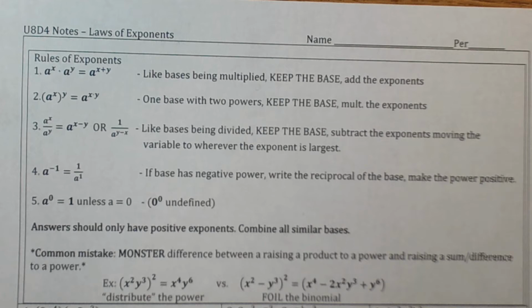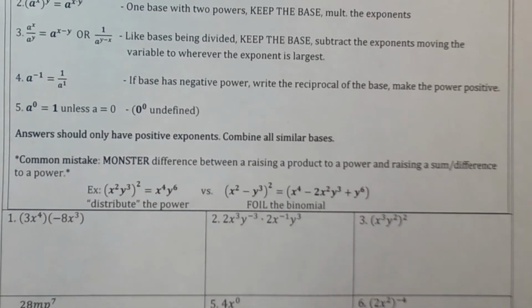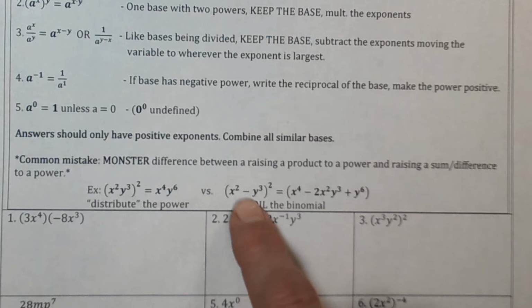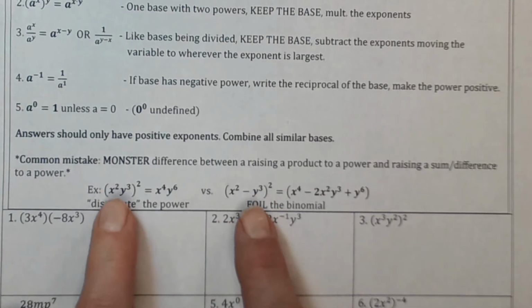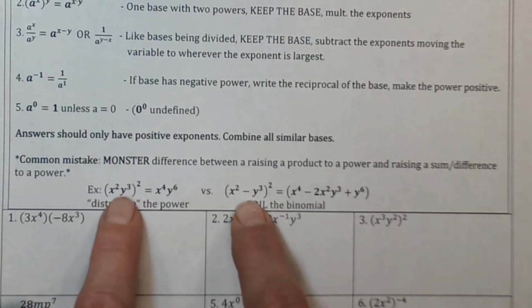Answers should only have positive exponents, and you combine all your similar bases. Now, we're not going to focus on binomials very much, but there's a really big difference between a product raised to a power and a sum or difference raised to a power.